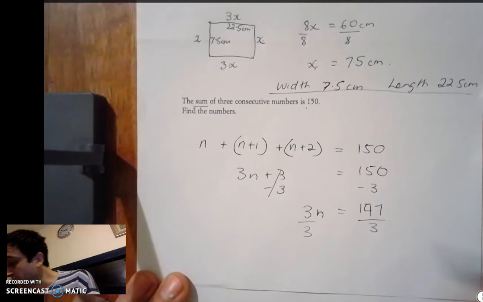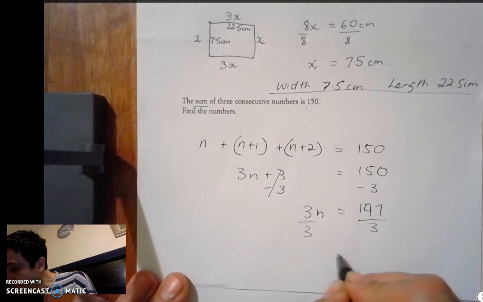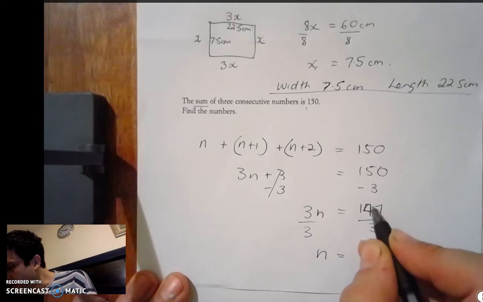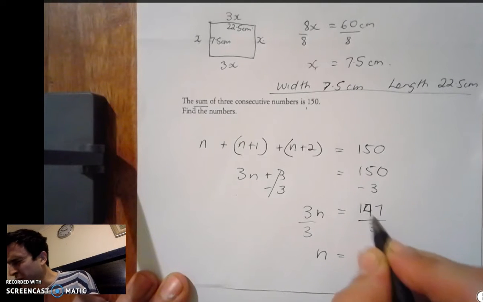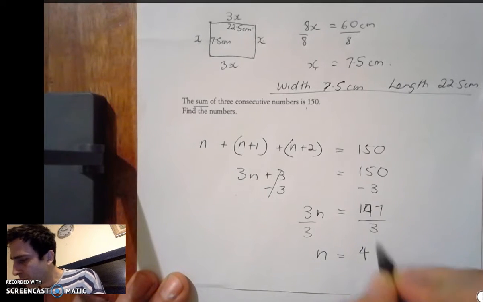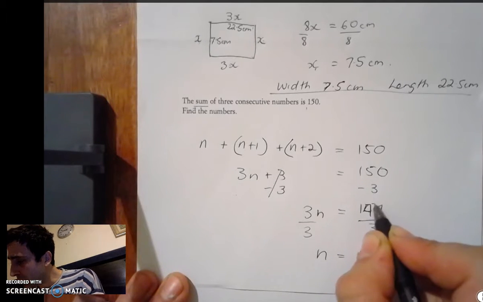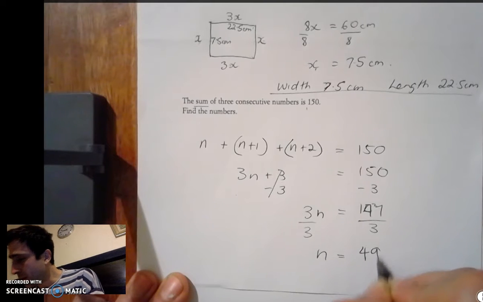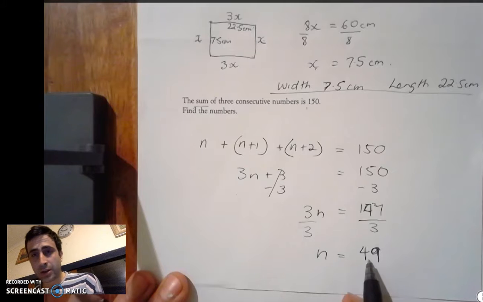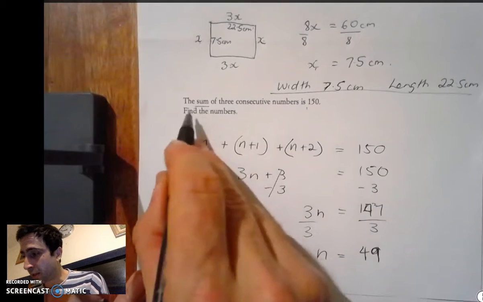Divide by 3. n equals, what's 147 divided by 3? Oh, it's a bit late. I'm getting a bit silly. 4, and then we have 27. Here's 9. Oh, so now we're getting somewhere. n is 49.